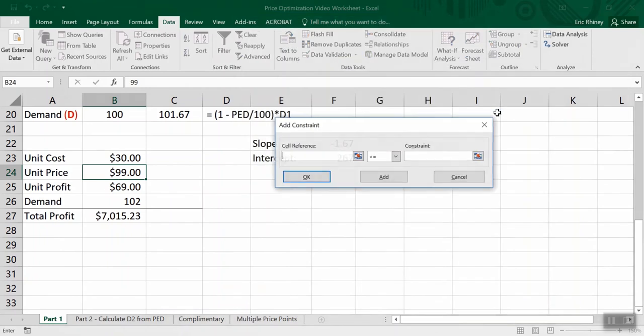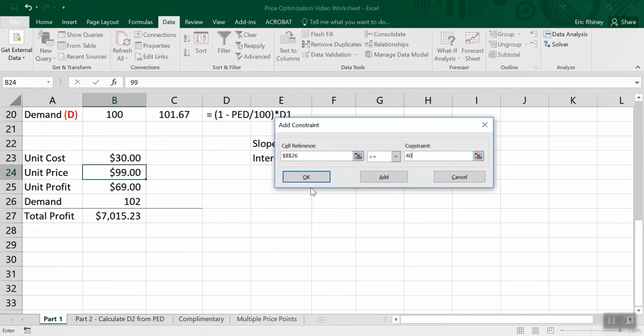So you go into add, and let's say we don't want demand to be under, so demand cannot be less than, demand should be greater than or equal to, and let's say 40 units.